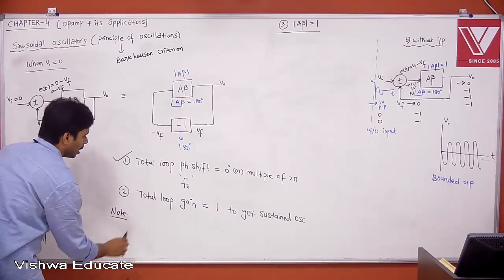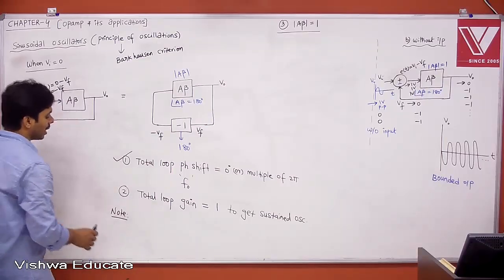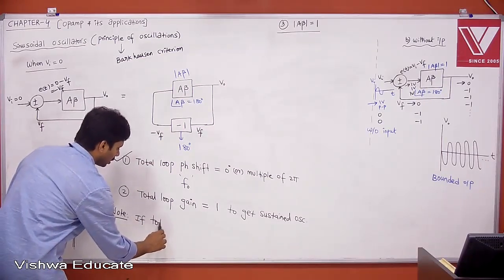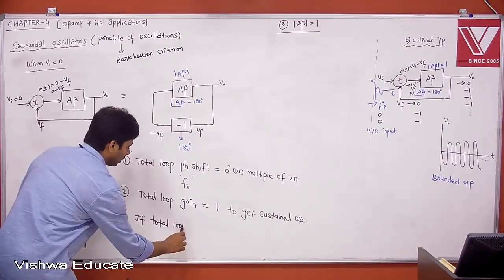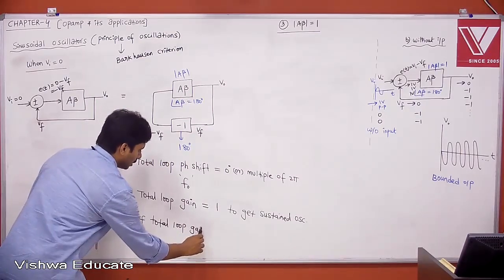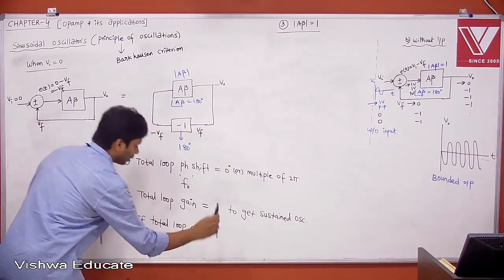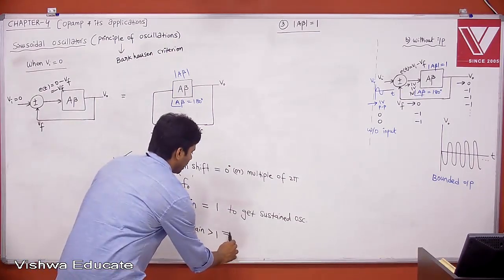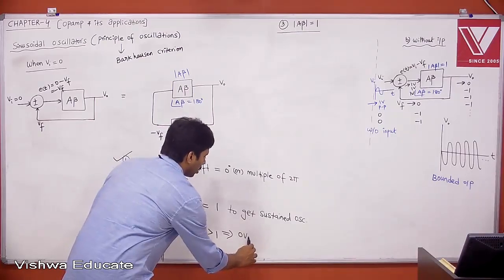Note: if total loop gain is greater than 1, what do you get? We will get over damped oscillations.